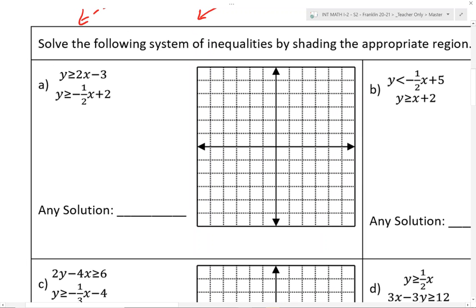So first we're going to graph each line here, making sure we use the correct type of line, and then we'll decide where to shade. So y is greater than or equal to 2x minus 3. Let's do that. Down 3. Slope is 2, so up 2 over 1, or down 2, left 1. And because our inequality symbol has the equal to bar on it, we're going to use a solid line.